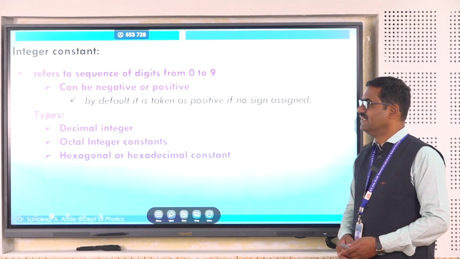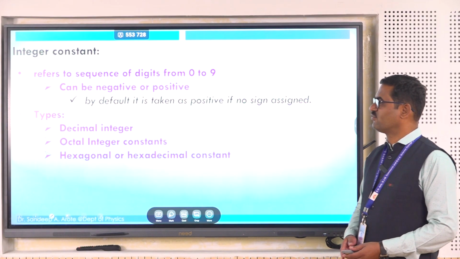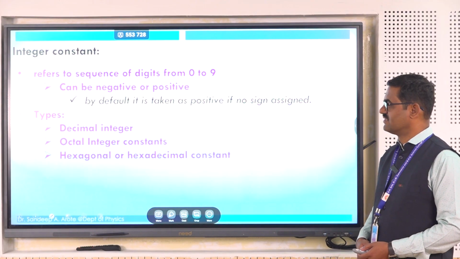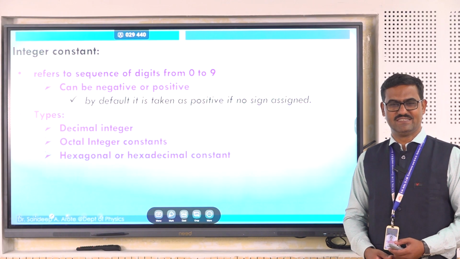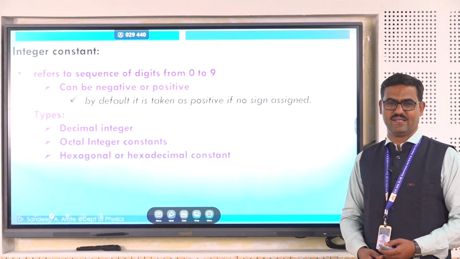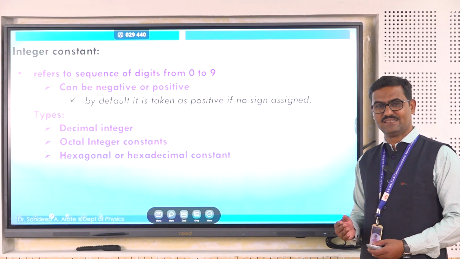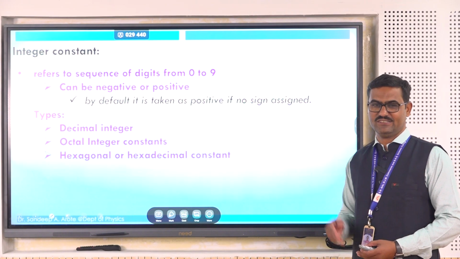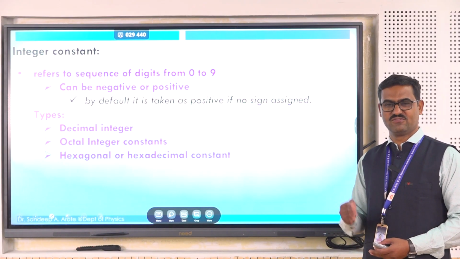First, we will go through numeric constants. In numeric constant, the first is integer constant. Integer constant refers to any sequence of digits from 0 to 9, but this is not the case in each and every integer constant. There are three subtypes of integer constant.